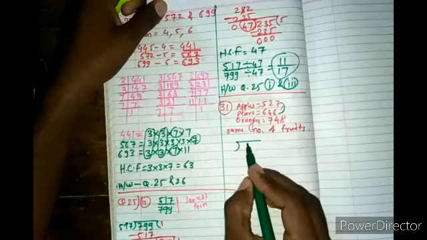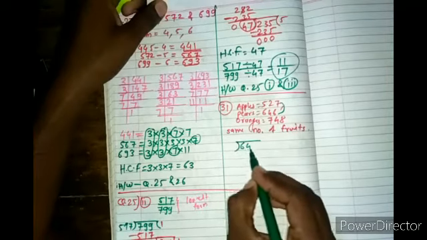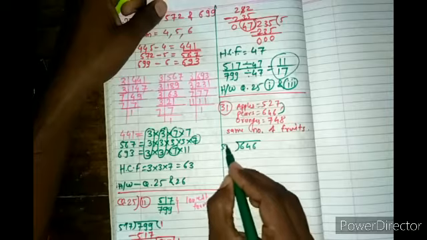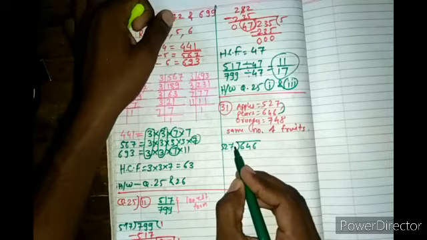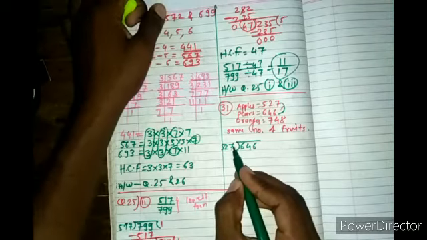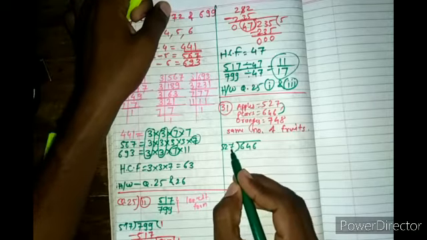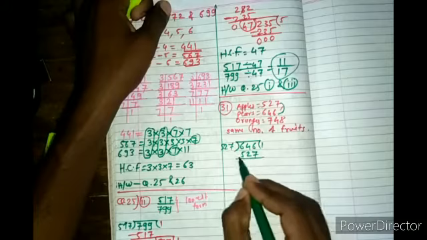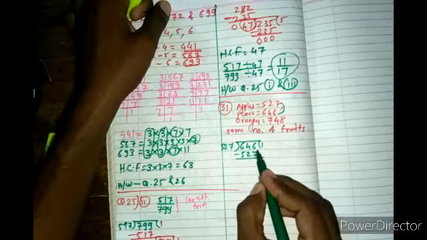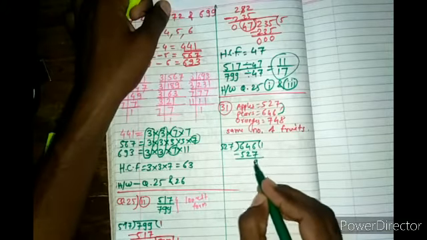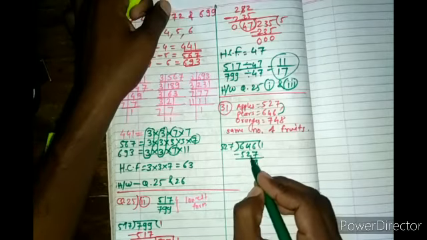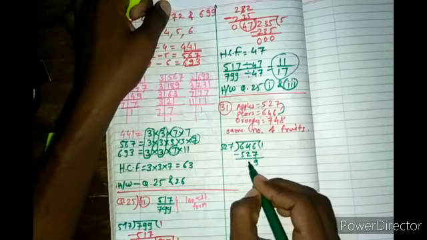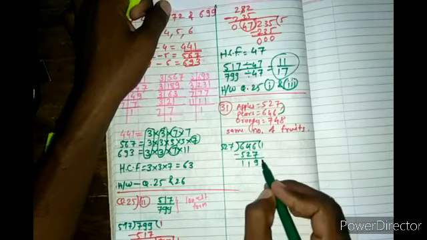I am taking the greater number 646 inside, and this is 527. Now we will divide. 527 once is 527, so 646 minus 527 gives 119.